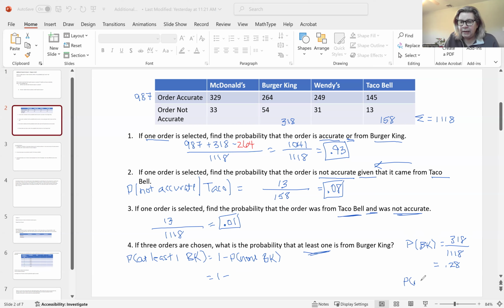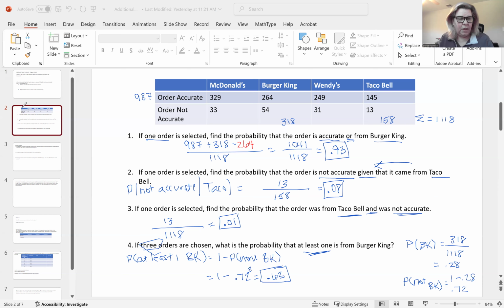So the probability that it's not from Burger King is 1 minus 0.28 or 0.72. Okay, so the probability not from Burger King is 0.72. Again, 3 orders. So we're going to raise that to the third power, 0.63. Okay, really study this. You definitely will have a table situation on your exam.